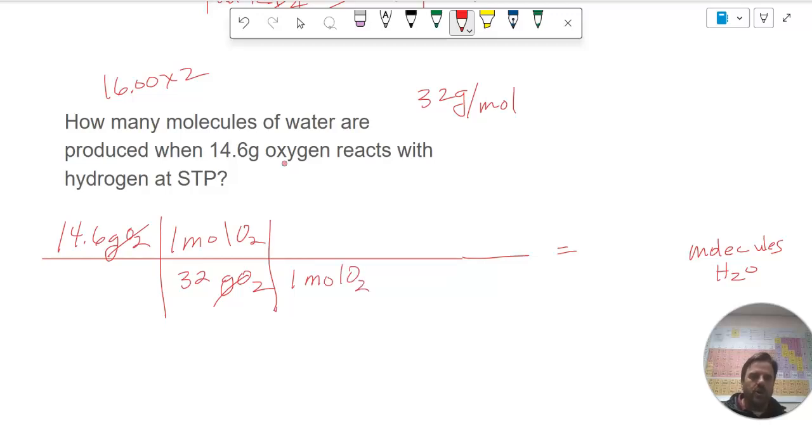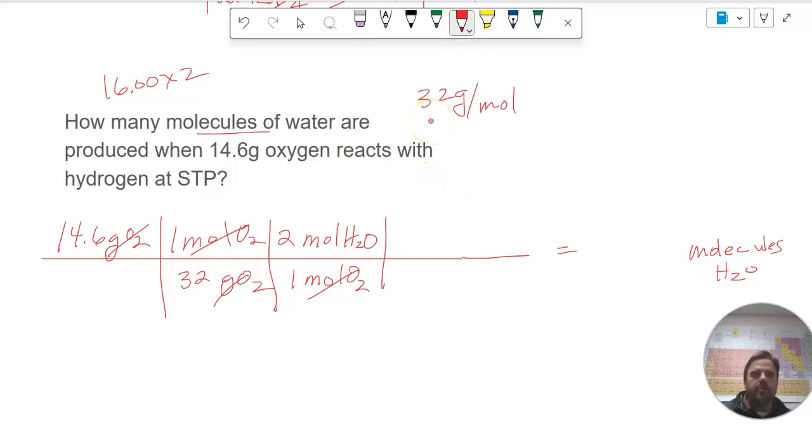Again, these ratios are based on the coefficients. Don't confuse them with the subscripts. We've got 1 mole of O2 for every 2 moles of H2O. Now at this point, we cancel out moles of O2. And if we do a calculation right now, we're going to be calculating moles of H2O. Okay, so now let's remember what our last step is.